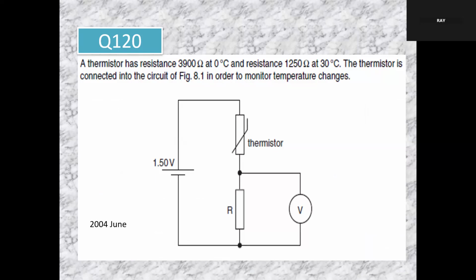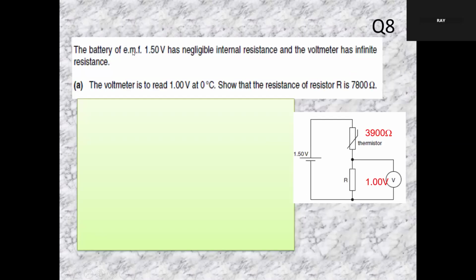The thermistor is connected in the circuit in figure 8.1 in order to monitor temperature changes. The battery has EMF 1.5 volt, negligible internal resistance, and the voltmeter has infinite resistance. The voltmeter reads 1 volt at 0 degrees Celsius.